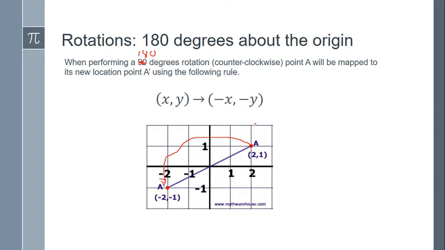It means they're the opposite of what they were before. For example, if point A were at (-3, 1), then after a 180-degree rotation, the new point A prime would be at (3, -1).